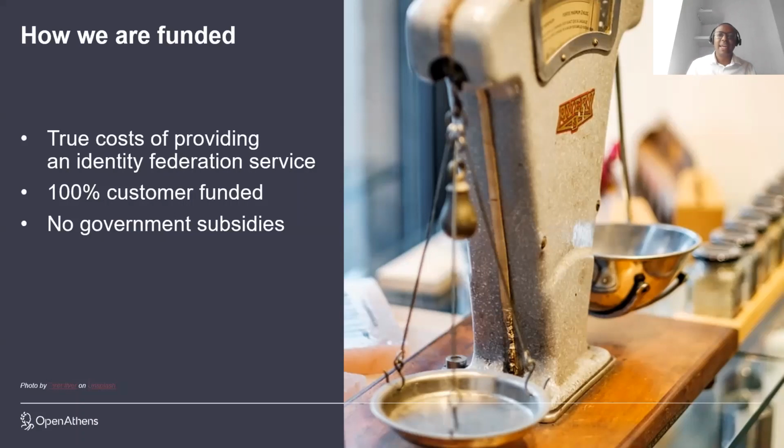So what this means is that we get all of our funding from our clients. So all of our clients who are paying for their annual subscriptions, all of that funding goes into ensuring that the OpenAthens service is actually exceptional and continues to do a really good job from the end user's perspective.